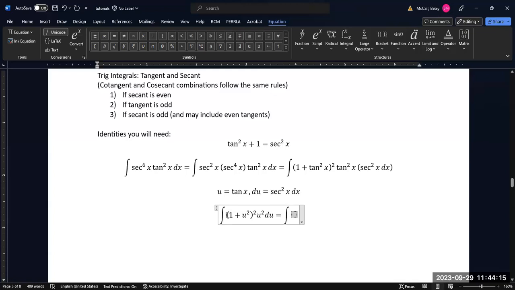So applying the perfect square rule, I'm going to get 1 plus 2u squared plus u to the fourth for my binomial squared. And then I'm going to distribute my u squared.